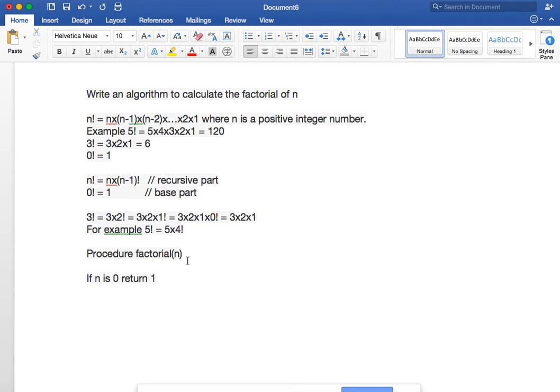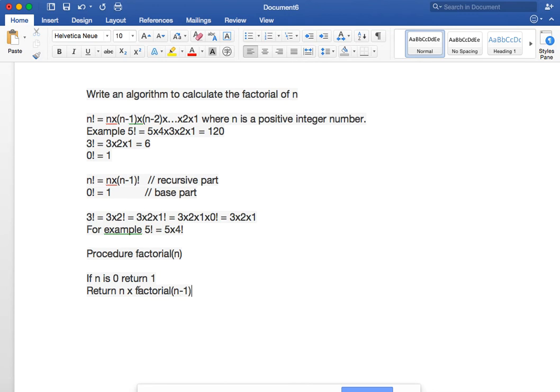That means 0 factorial is 1. So you use an if statement. If you don't return, that means n is not 0, n is a positive integer greater than 0, then you just say return n multiplied by factorial of n minus 1.